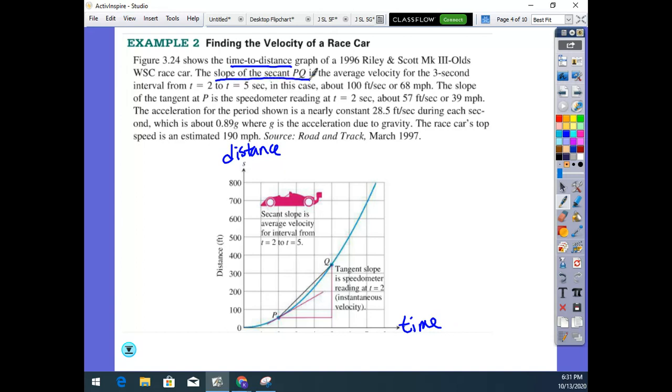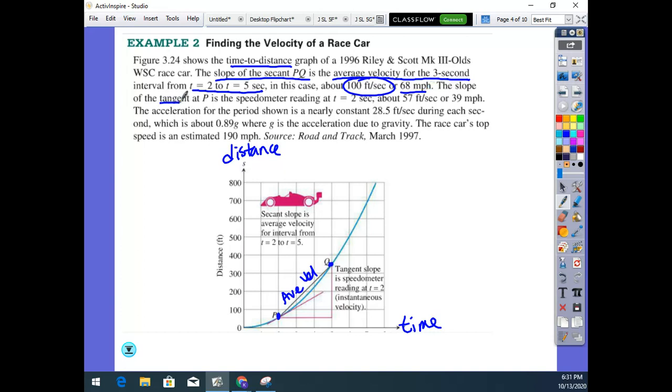The slope of the secant line, the secant, is your average velocity. Average velocity for the 3 seconds from 2 to 5 is about 100 feet per second or 68 miles per hour.